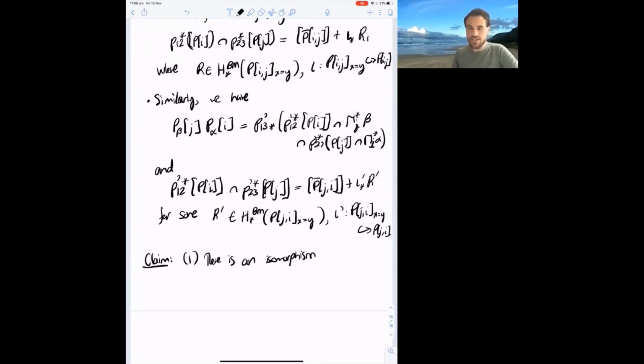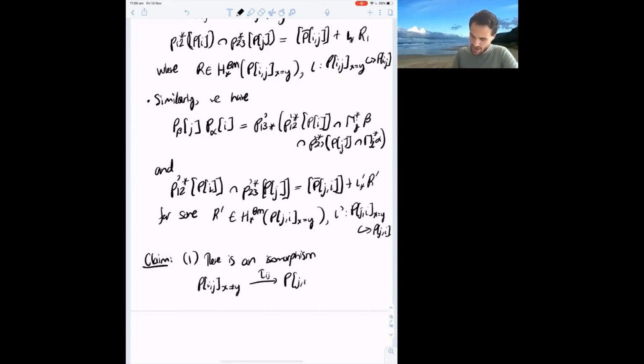So there is an isomorphism. If you look at the locus where x is not equal to y, or actually, yeah, it's even better than an isomorphism. It's a commutative triangle. So you have Pij where x is not equal to y, and then there's an isomorphism that swaps i and j.